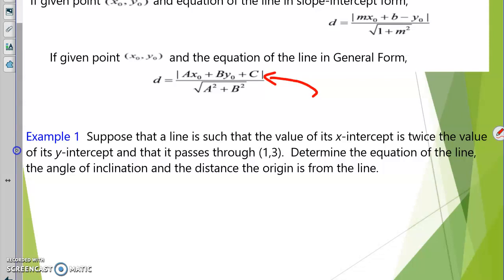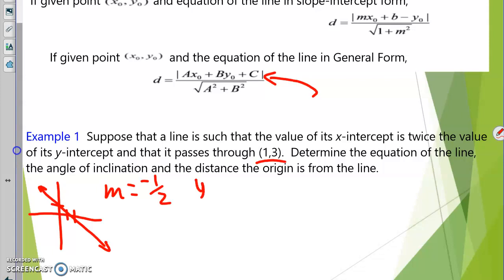Let's see here. If I look at that first bit of information, that the x-intercept is twice the value of the y-intercept, we see that we get a line that looks like that. So we know that our slope is -1/2. If I add the point (1, 3) to my point-slope form, I get y minus 3 equals -1/2 times the quantity x minus 1.